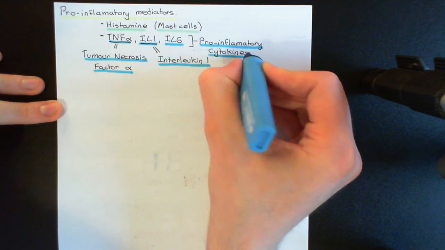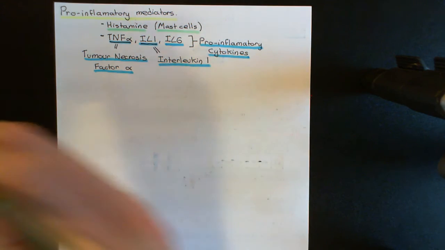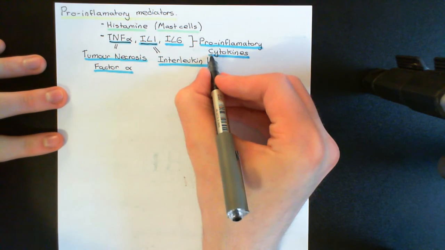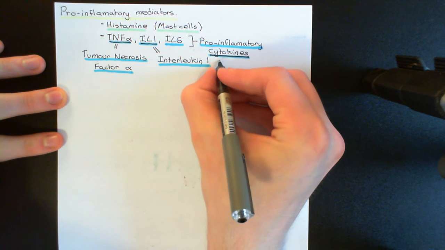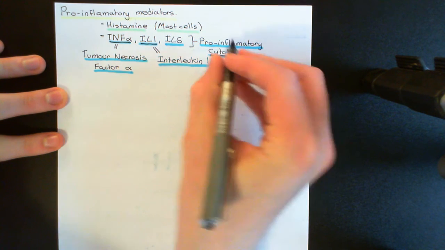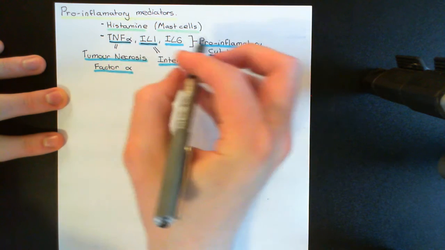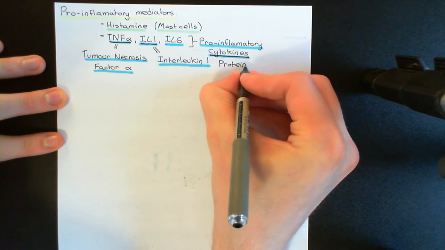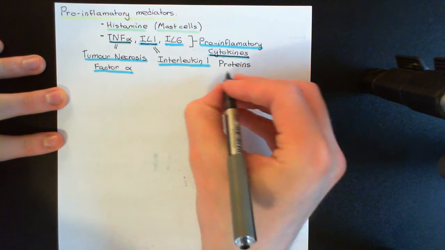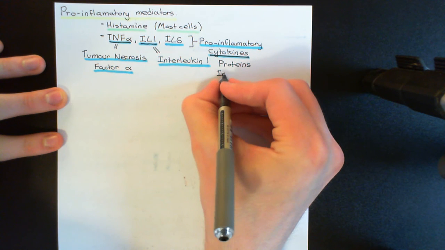Cytokines. What is meant by the term cytokines? A cytokine is a molecule that is released by an immune cell, and specifically it has to be a protein. That's important. So you wouldn't describe histamine as a pro-inflammatory cytokine because it's not a protein. So cytokines are proteins, that's one of the key words, that are released by immune cells.